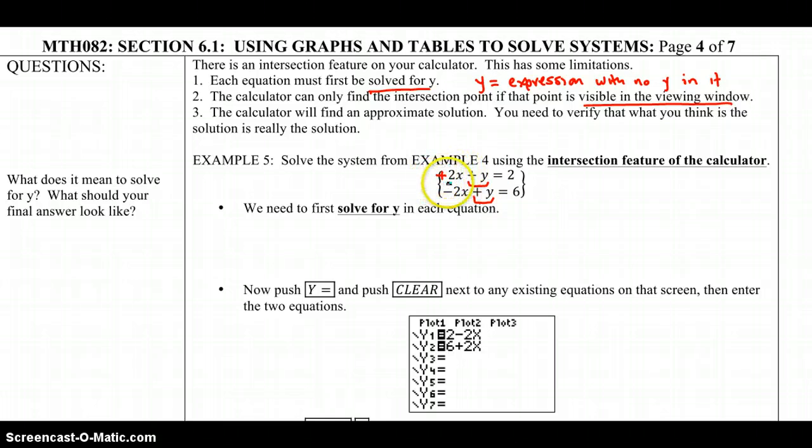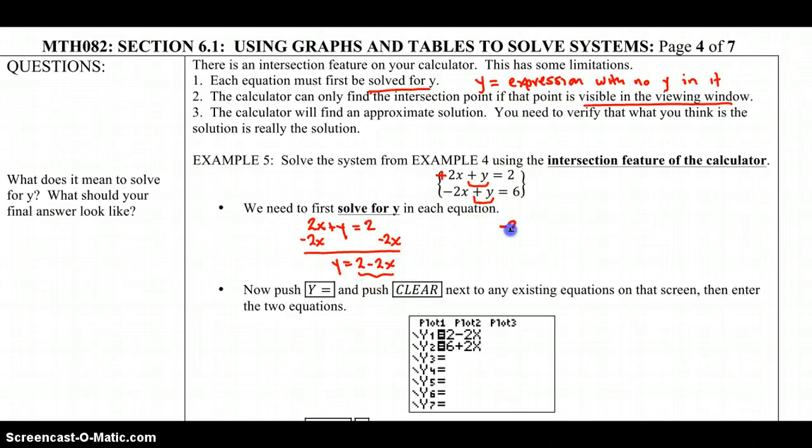So to move this term, we're going to subtract 2x from both sides. We start with 2x plus y equals 2, subtract 2x from both sides, and that will give us y equals 2 minus 2x. So this equation is solved for y. We have y equals, and on the other side this expression has no y in it.